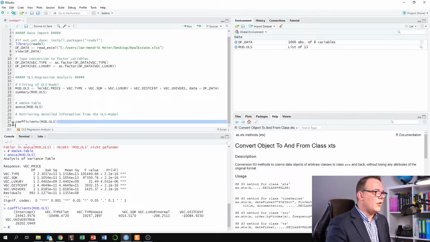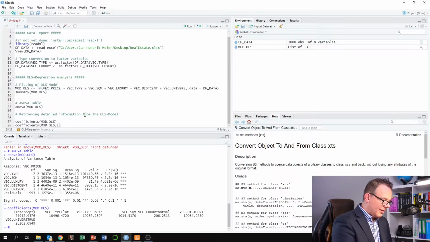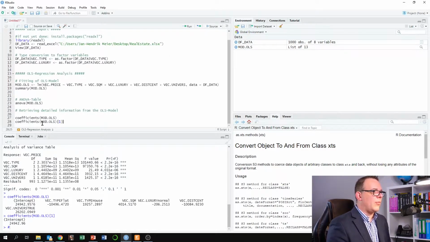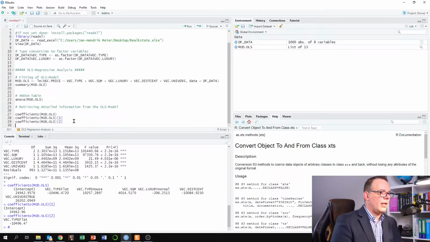We can use the coefficients command with squared brackets, and we get the individual value of the coefficient here. We can try the same with the next one. And there it is. So we can use those coefficients.